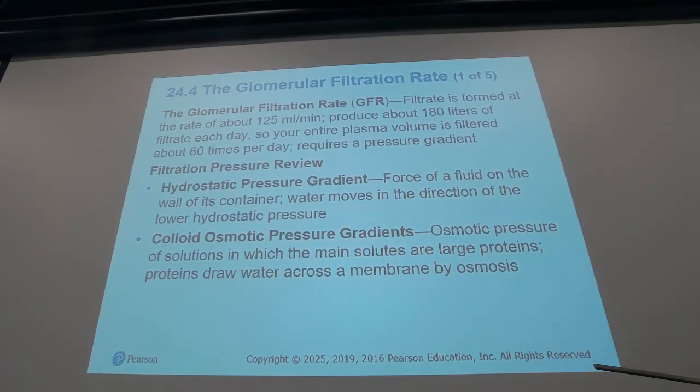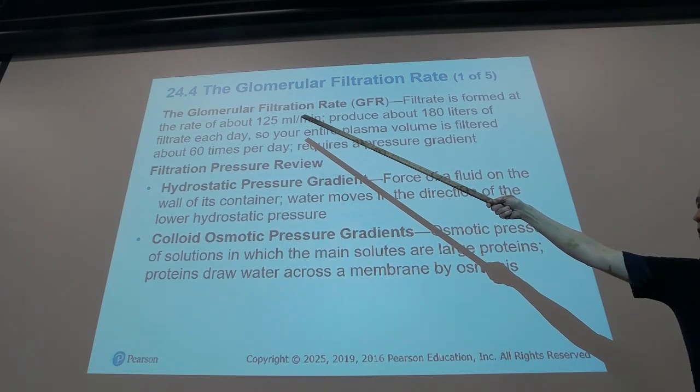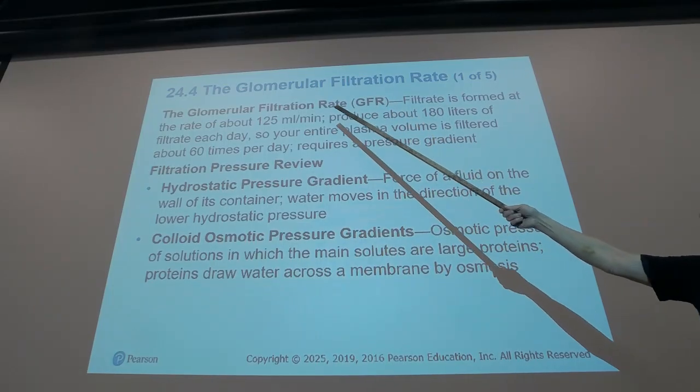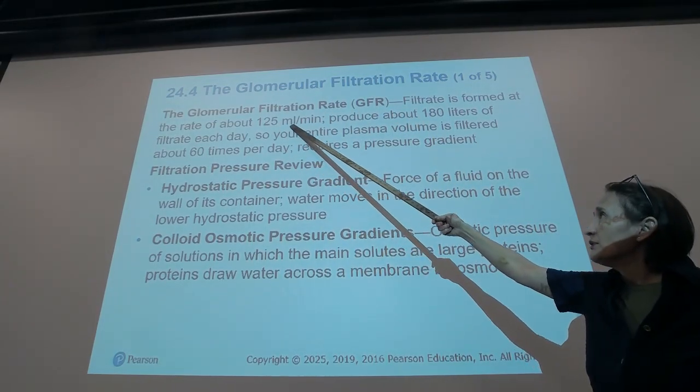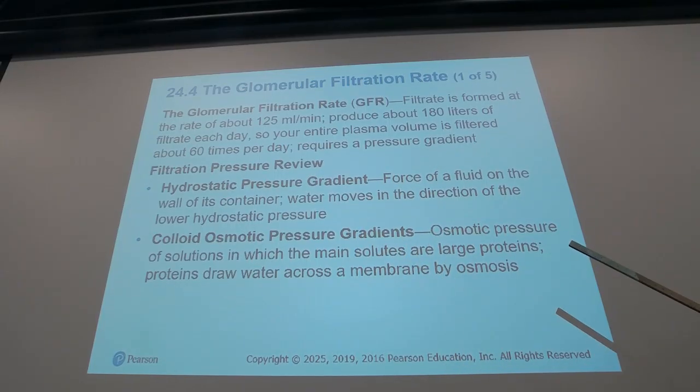The efficiency of filtration of the kidneys is measured by the GFR, glomerular filtration rate. Typically, we filter 125 milliliters of blood per minute.